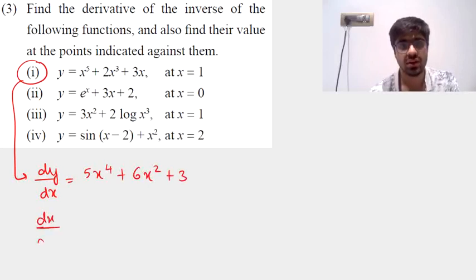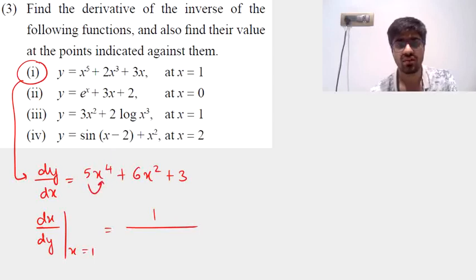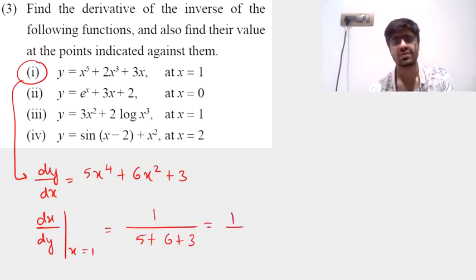So dx by dy, of course it will be the reciprocal of this, but you need that at x equal to 1. So dx by dy at x equal to 1, that will be 1 upon 5 into 1 power 4, which is 5, plus 6 into 1 square, which is 6, plus 3. This value turns out to be equal to 1 divided by 14.